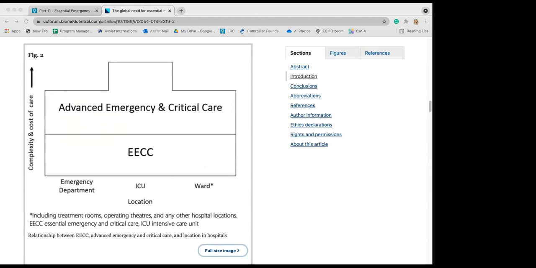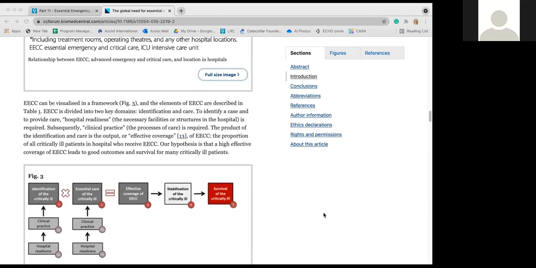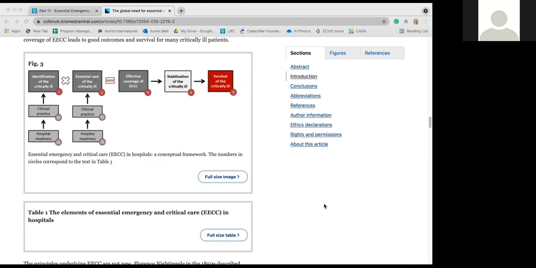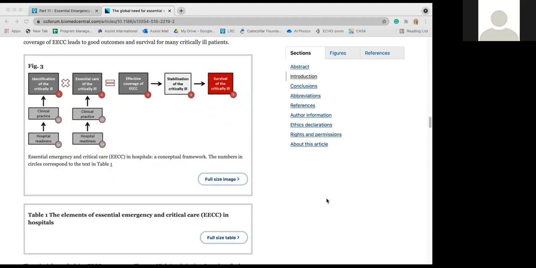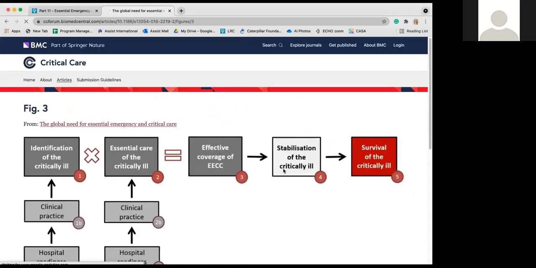And we should be able to have emergency department, ICU, and then disposition after the management. I can go down. Yeah, that's a good way of saying it.